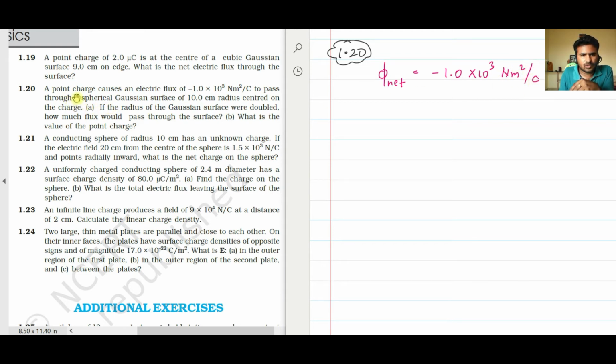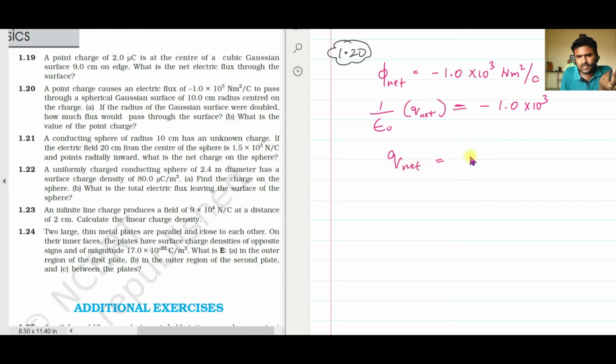So the point charge causes an electric flux of this much to pass through a spherical Gaussian surface of 10 centimeter radius. Actually, we don't need that. I know that the net flux is equal to 1 by epsilon naught times the net charge present within the surface. Using this information I can easily find out how much is the net charge present within the closed surface.